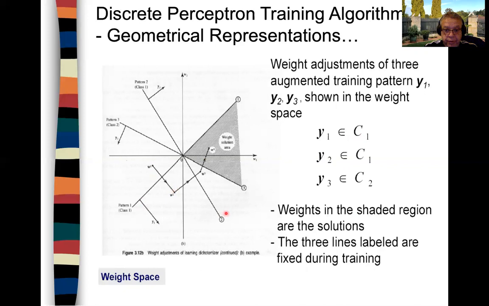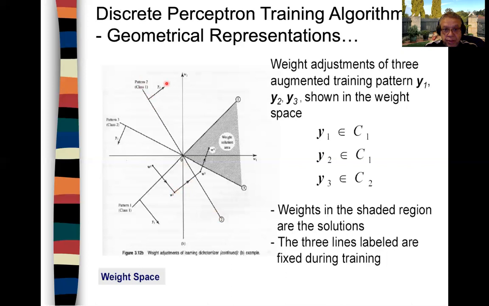Now when my input is the second pattern, I should move this weight here. So my new weight should be equal to the old weight plus, because pattern 2 belongs to class 1, plus C Y2.